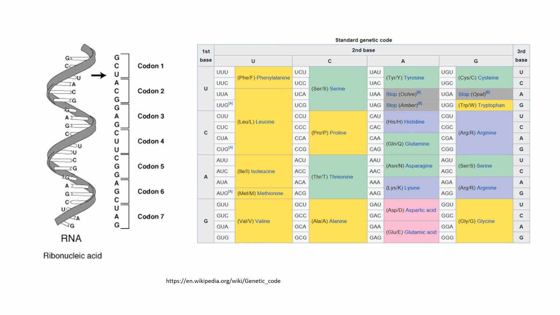And each letter can be one of four possibilities, the four bases of RNA, A, U, G, and C. So the first letter could be any one of four possibilities. The second letter could be any one of four possibilities. The third letter could be any one of four possibilities. So how many possible three-letter words can I make from this alphabet? Well, it would be 4 times 4 times 4, which is 64.